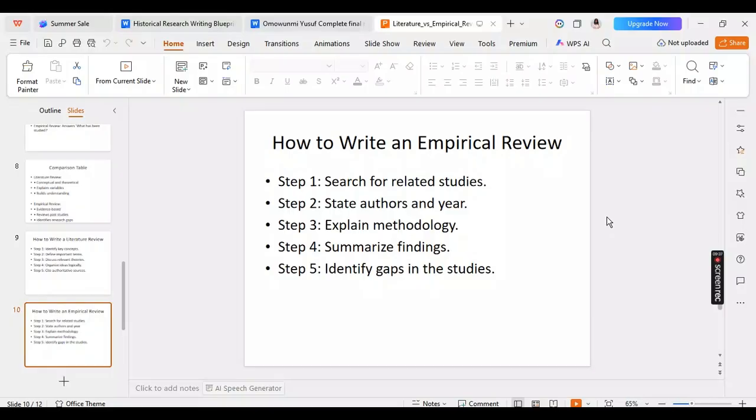It must state the authors, it must state the year, it must explain the methodology that those people used, summarize the findings, and identify gaps in the study. You summarize your findings in that paragraph, and you now identify gaps. What are the gaps in these particular studies? So it is very important.